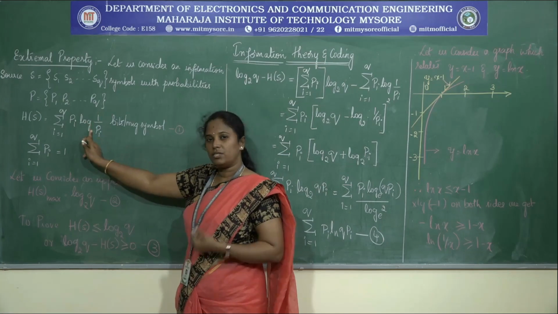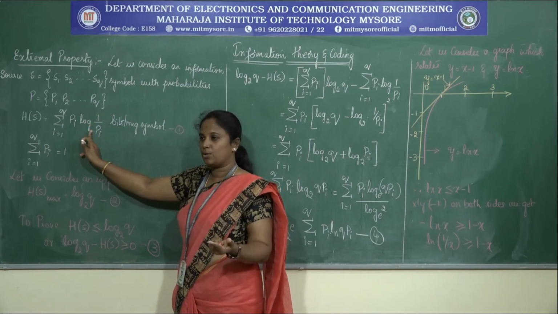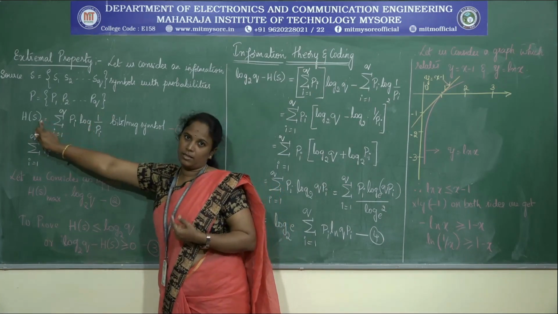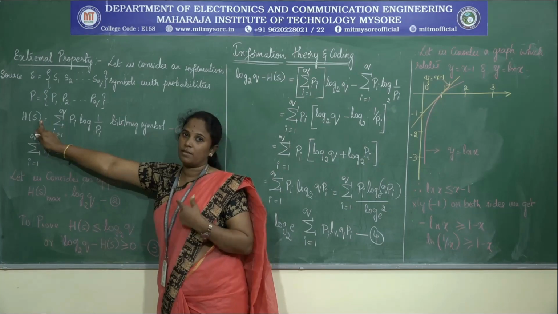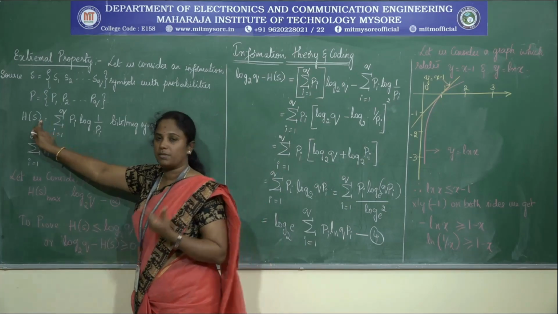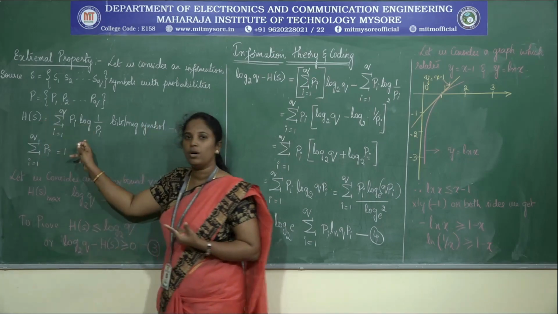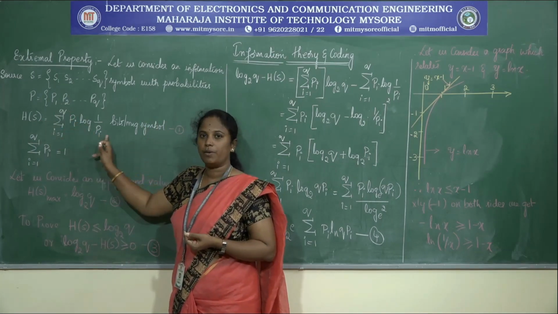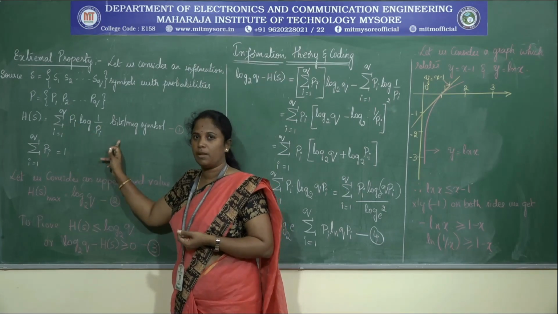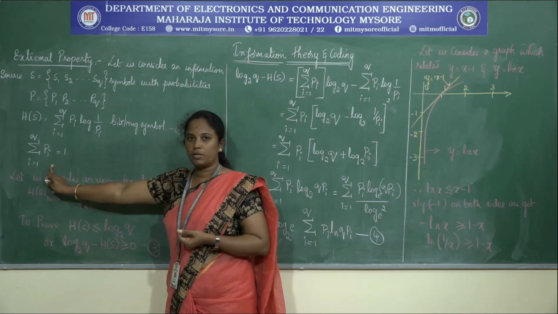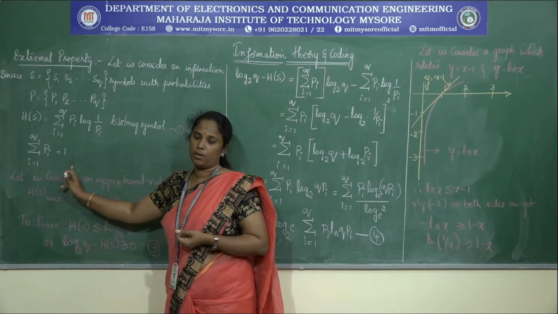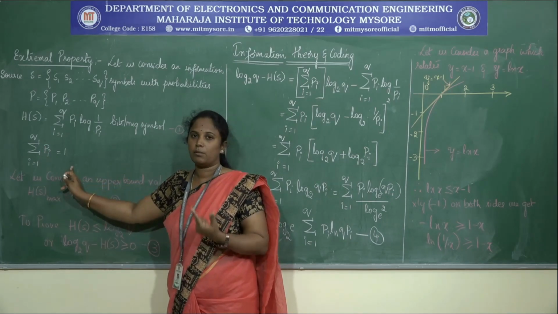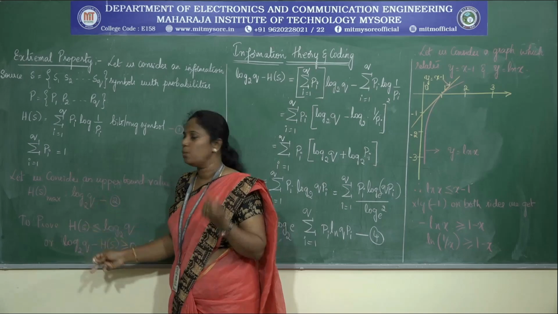In the previous class we studied the average information rate, which is represented as H of S equal to summation of i equal to 1 to Q of Pi log of 1 by Pi, and the unit is bits per message symbol. Also, summation of i equal to 1 to Q of Pi is equal to 1, since the sum of all the probabilities is equal to 1.